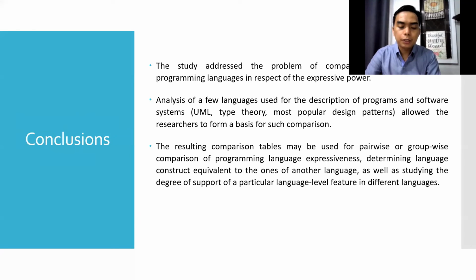Analysis of a few languages used for the description of programs and software systems, such as UML, type theory, and the most popular design patterns, allowed the researchers to form a basis for such comparison.